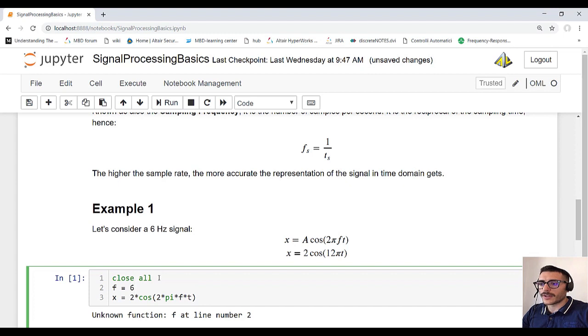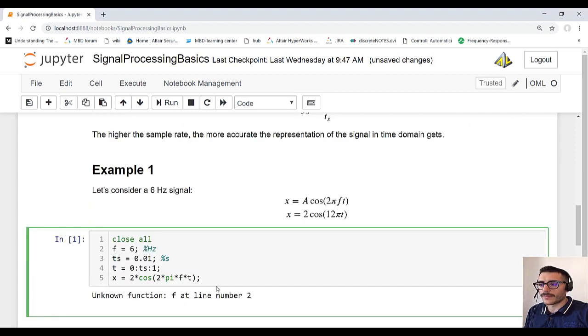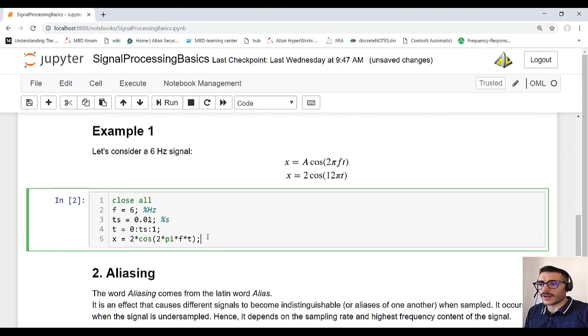And I'm going to do it here, so the frequency is 6 Hz. To define the time, I will first define the sampling time. As a first choice, I will set it to 0.01 second, and after that I can define the time array, spanning from 0 to 1 second. As you can see, this script runs successfully.